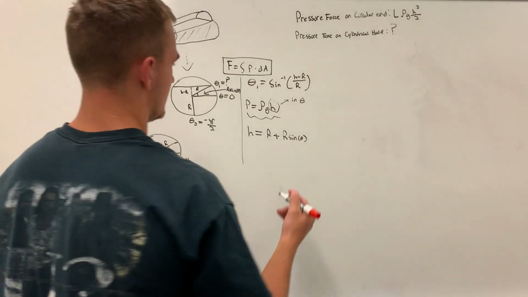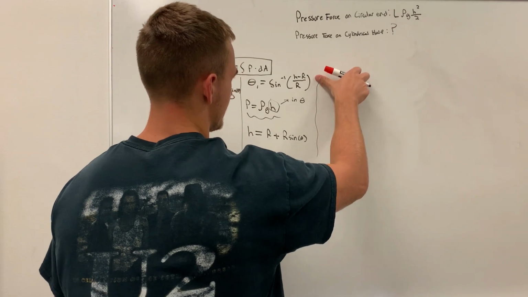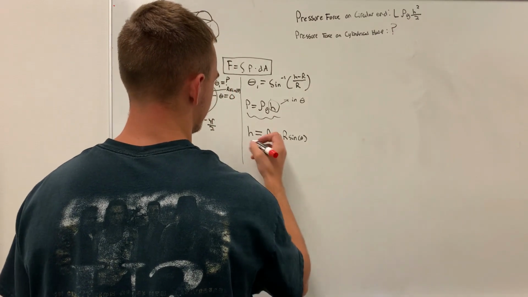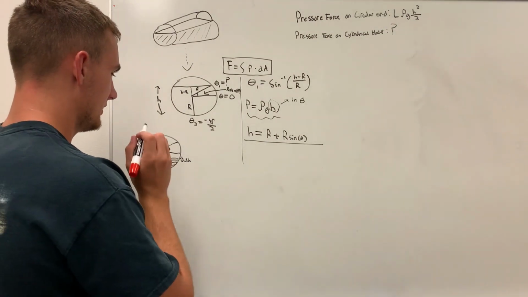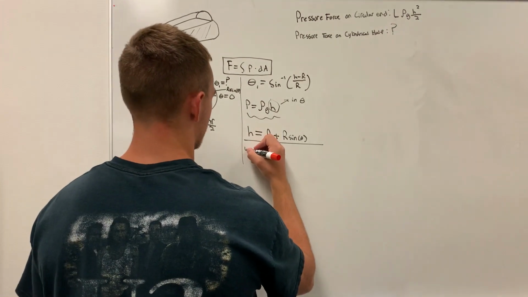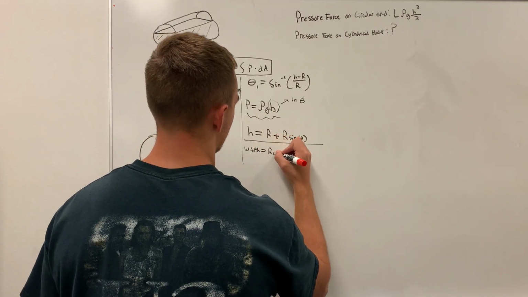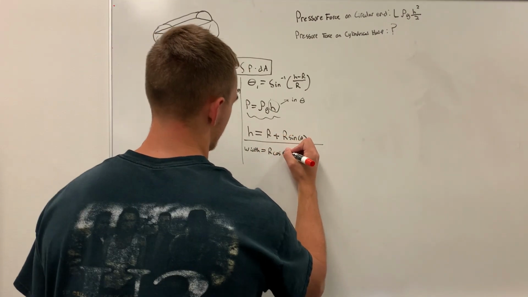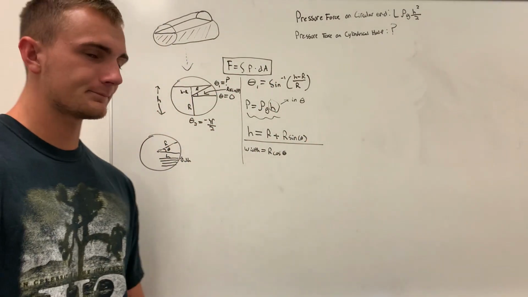I'm just going to go ahead and write this below it. So we have our width is equal to R times the cosine of theta, because it'll just be below our theta.